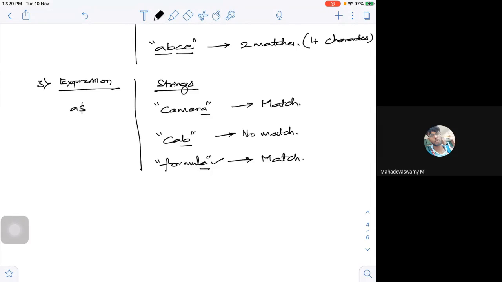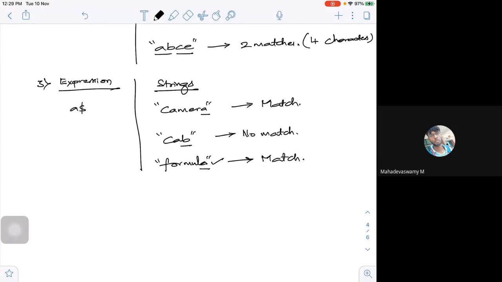Now, we looked at the first expression, beginning with something. In between, if I put dots, meta characters, it's a 5-letter word. Or if you are checking for a particular 2-letter thing, it can be anything. Or if you are checking for a word which ends with A, I can use this simple expression.